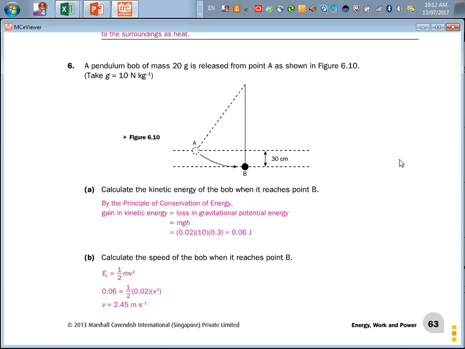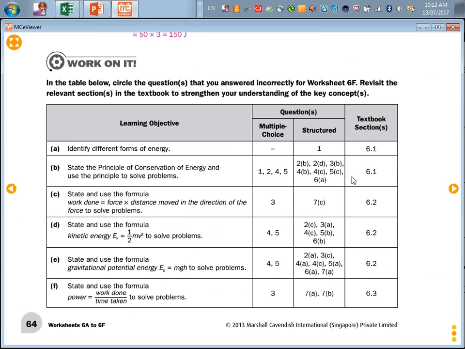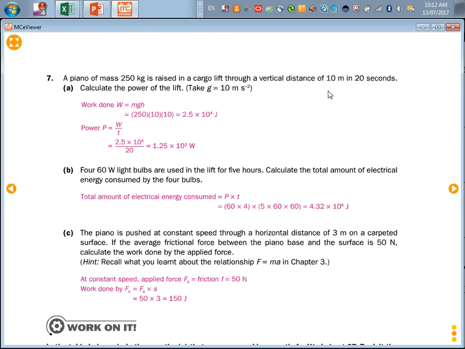Okay, last question, number 7, is on power. A piano of mass 250 kilograms is raised in a lift through a vertical distance of 10 meters in 20 seconds. Calculate power. So power is equal to work done over time taken.